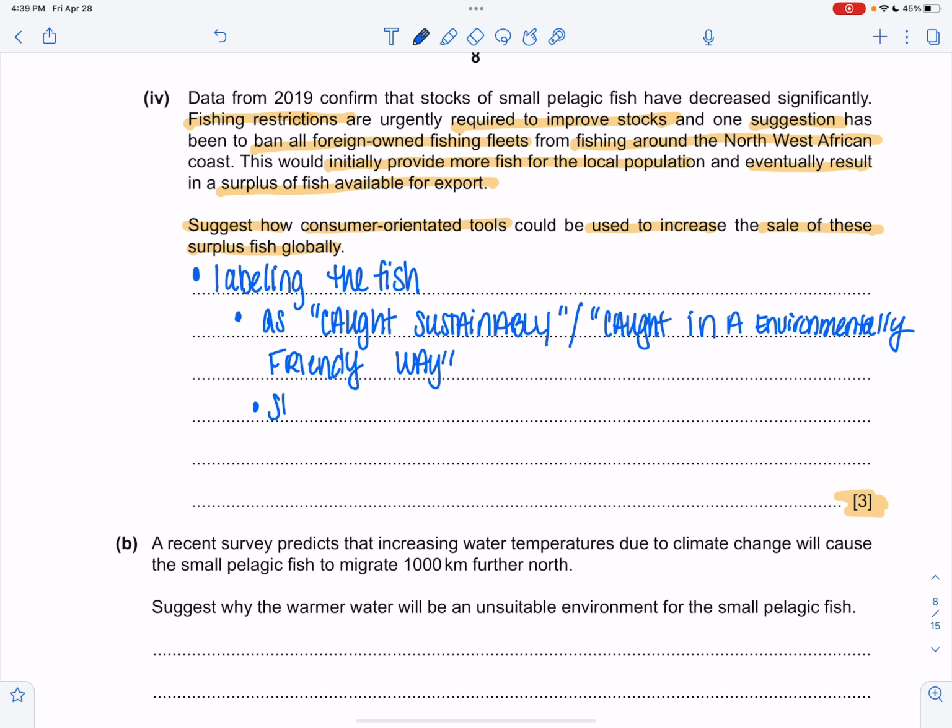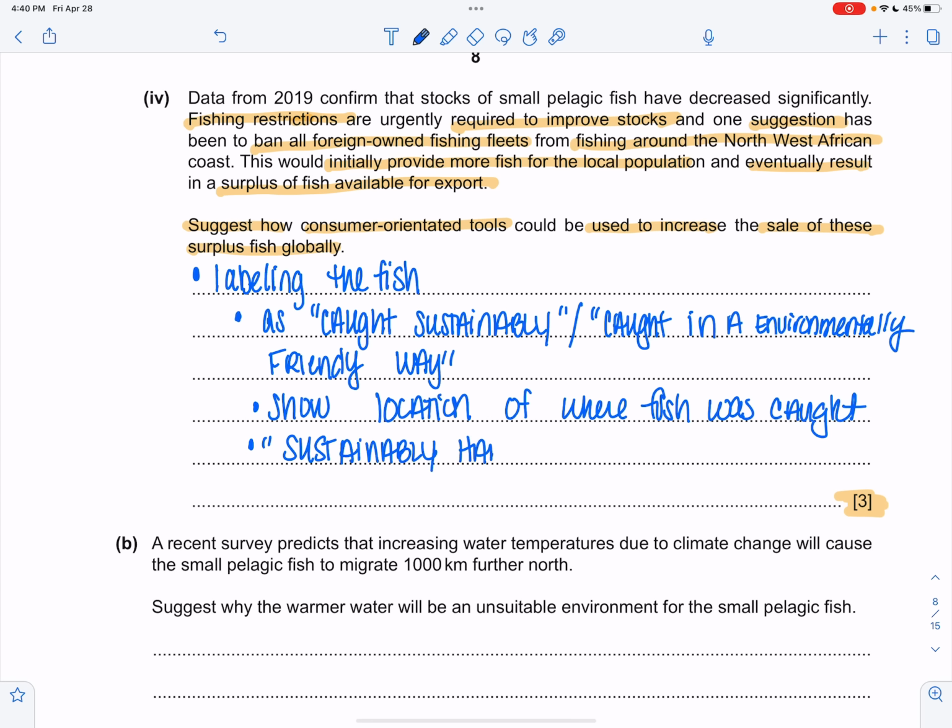You could show the location where the fish was caught. We can mention things like it's sustainably harvested, which is similar to that top, caught sustainably. We can have an educational campaign and advertising or social media campaign.